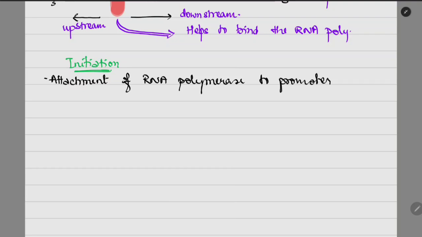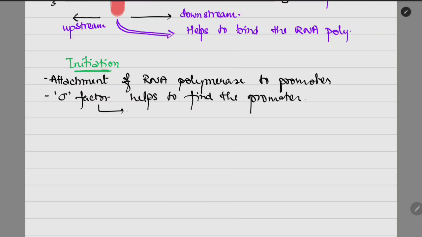This RNA polymerase has sigma factor that helps to identify the promoter region. So sigma factor helps to find the promoter region, and also helps in binding. Now after this binding there is an opening, I would say unwinding, of the DNA strand, or else how will the RNA polymerization take place.